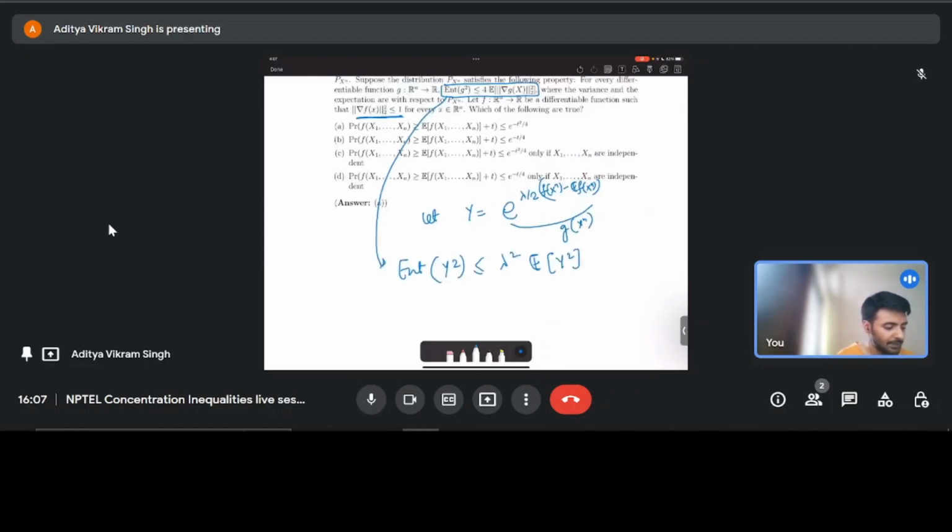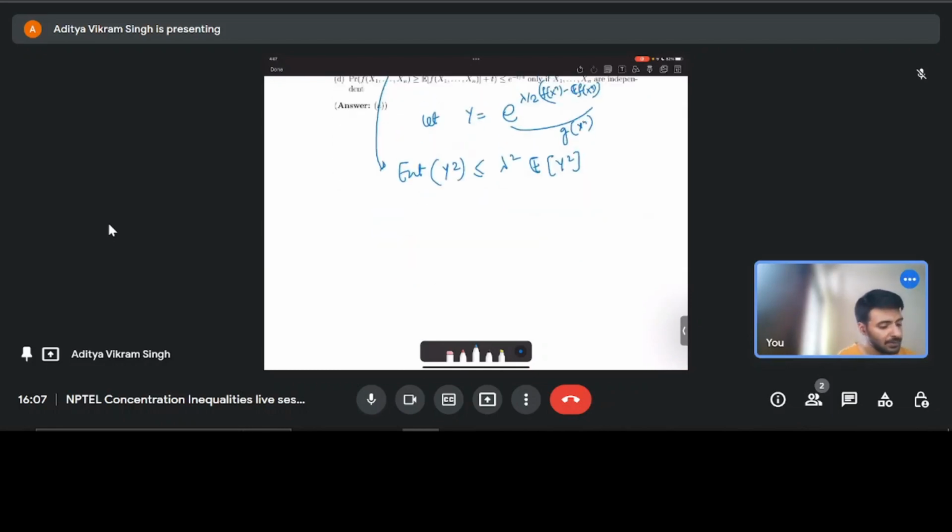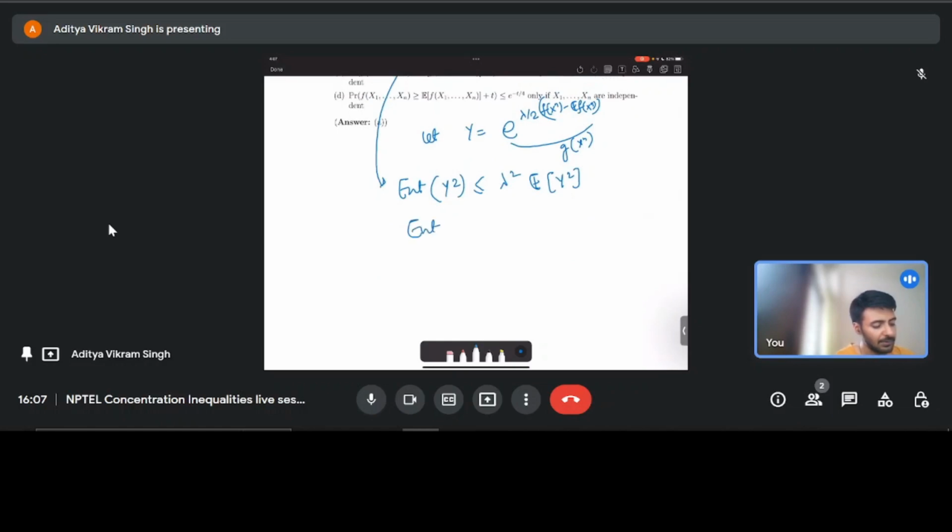So this was there in this week's lecture. This is basically the Herbst condition, the Herbst method, where we take the expectation of y square, which is less than or equal to lambda square by 2 into 2, just to bring out this 2.